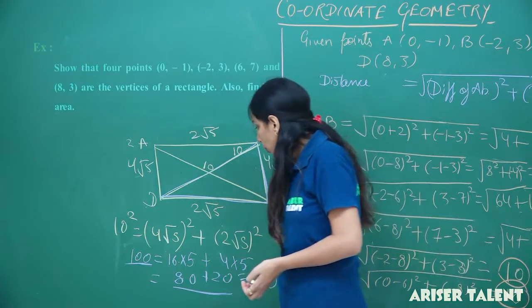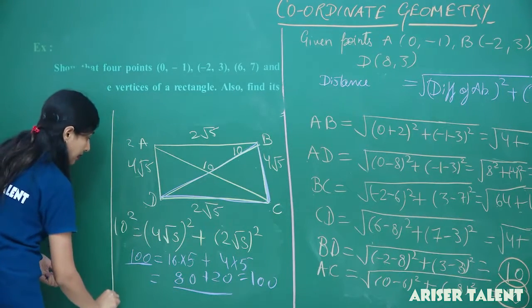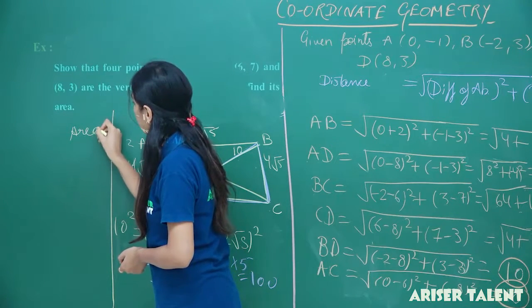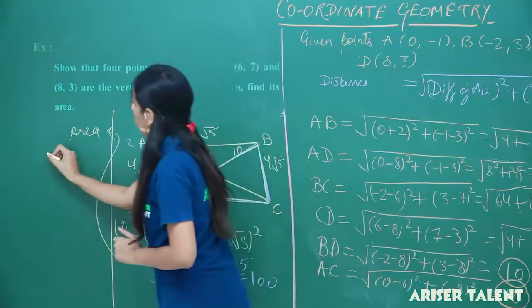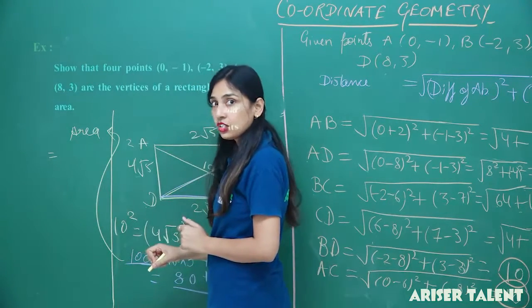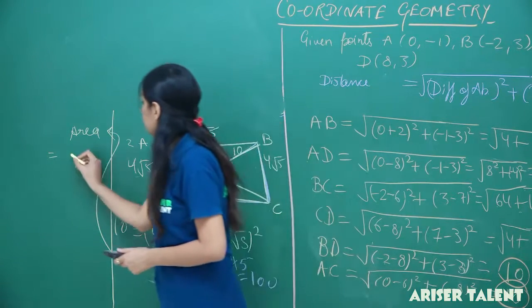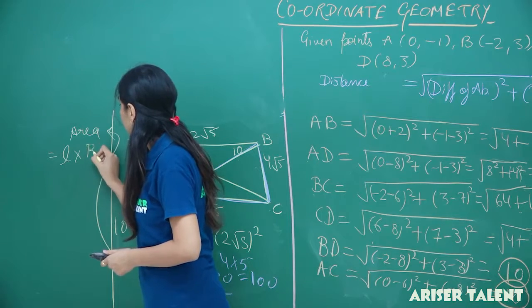Now if you talk about the area, what will I say? Area is equal to length multiplied by width.